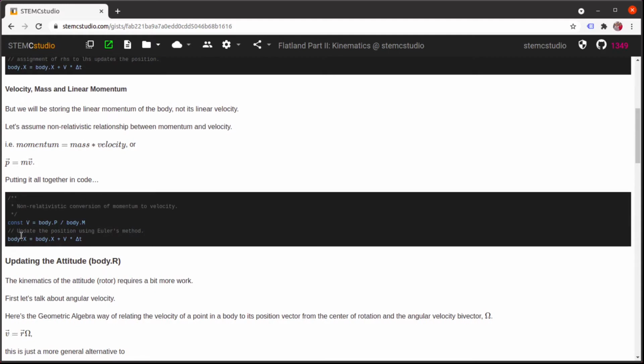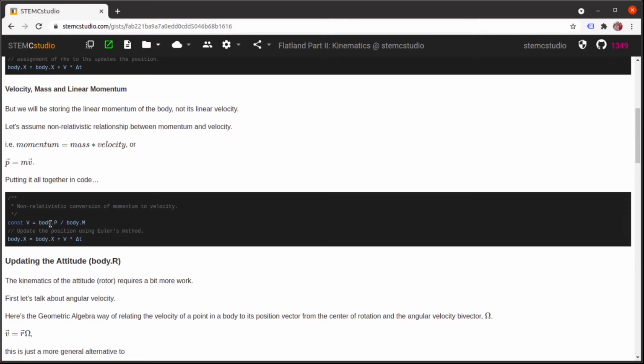Okay, so putting that all together in code, we would expect to see something like this. We store the momentum of the body on the body, and we store its mass too. And whenever we need the velocity, we just calculate that. So we say the velocity is just the momentum divided by the mass.